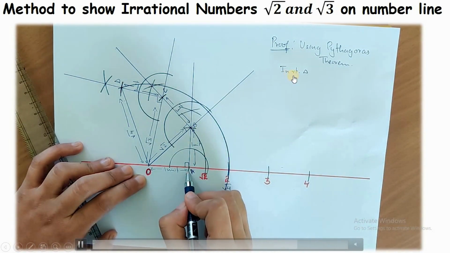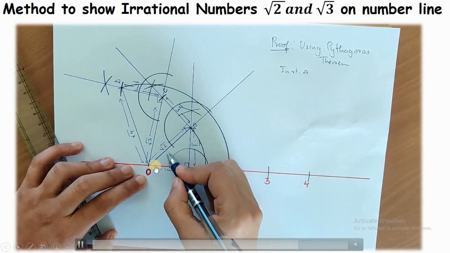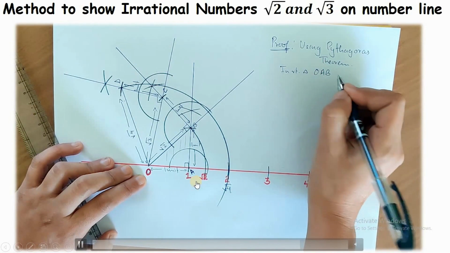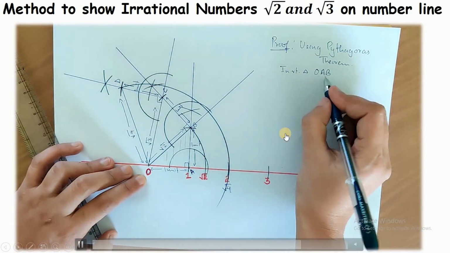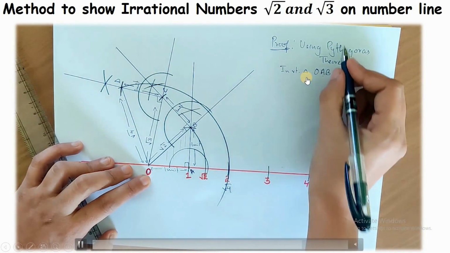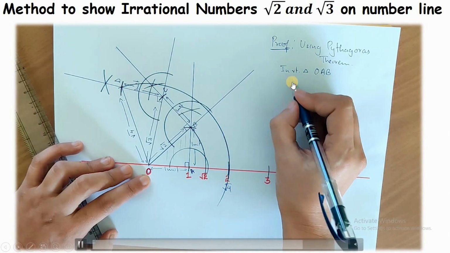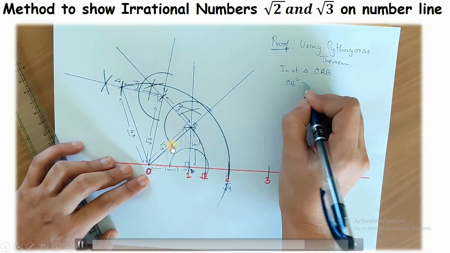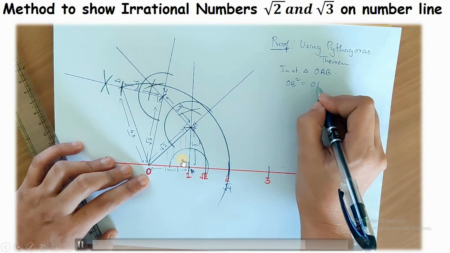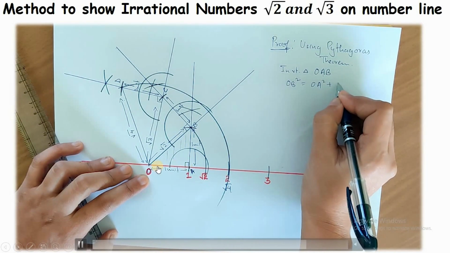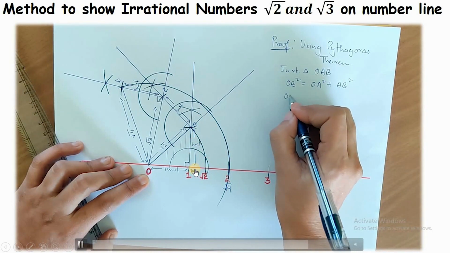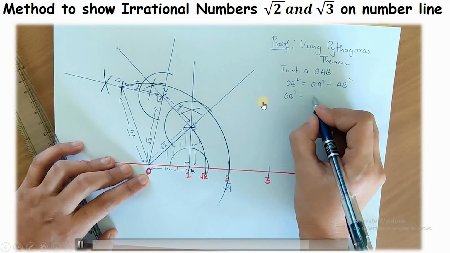So in the first case, we'll take right triangle OAB, that is the shaded portion, OAB, right angle at A. So Pythagoras theorem states that hypotenuse square is equal to perpendicular square plus base square. So opposite to the angle measuring 90 degrees, that is OB square is equal to OA square plus AB square.